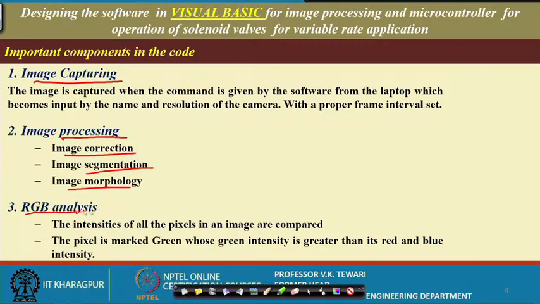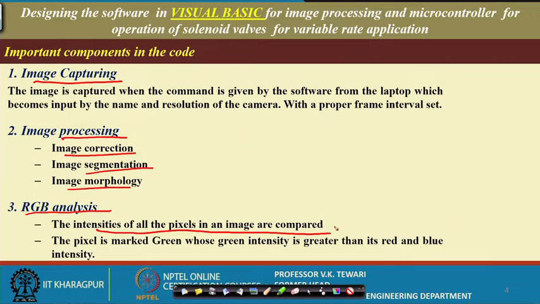Then we will talk of how we actually understand whether this particular one is a weed or not a weed. The RGB analysis is the one which is done, and the intensities of all pixels in the image are compared, depending upon which one is more or less.